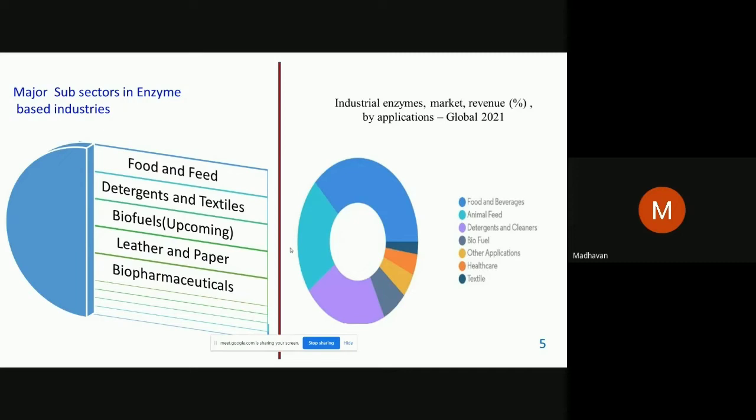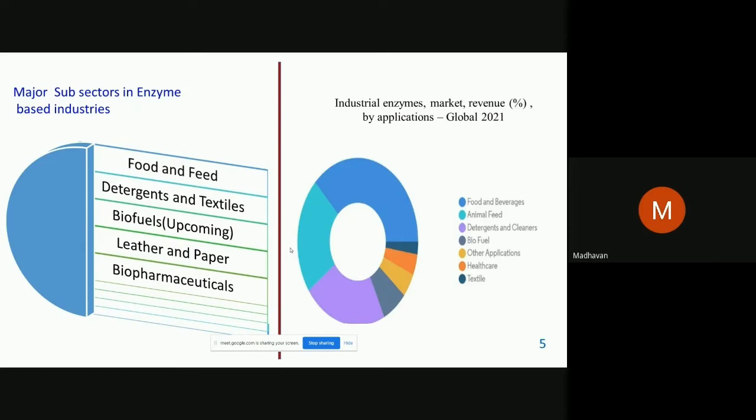On the right side you see the percentage revenue from these different types of enzymes. In the latest global data for 2021, food and beverages is the area from which the industrial enzyme market revenue is highest, followed by animal feed, detergents, and then biofuel, healthcare, textiles, and other areas.